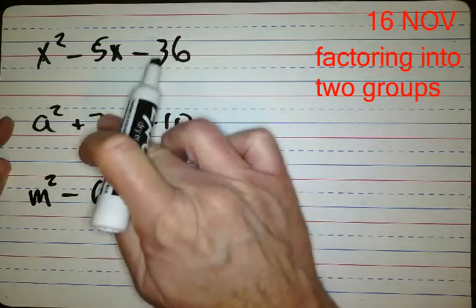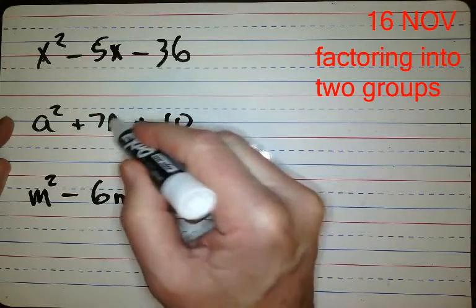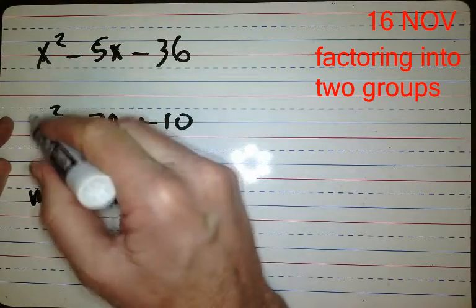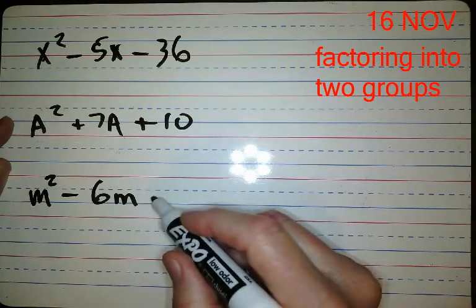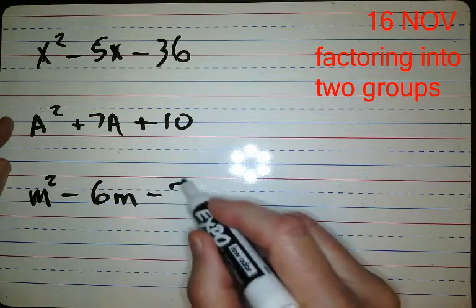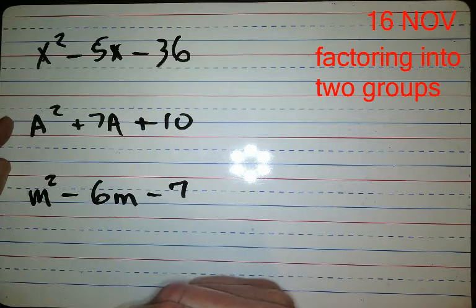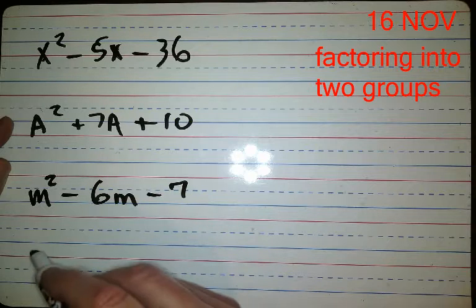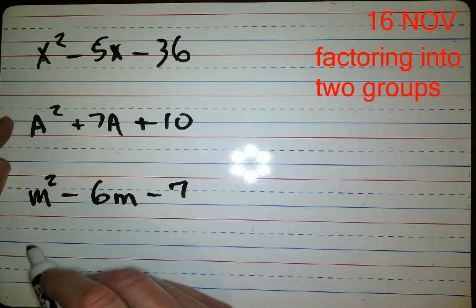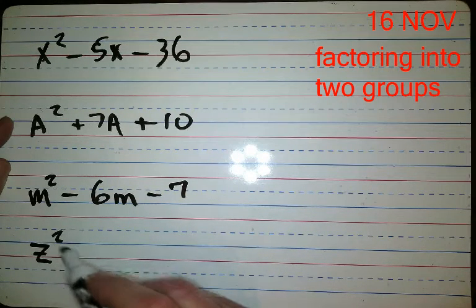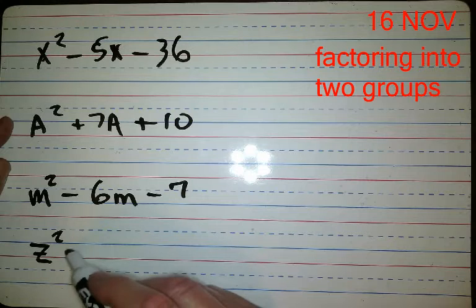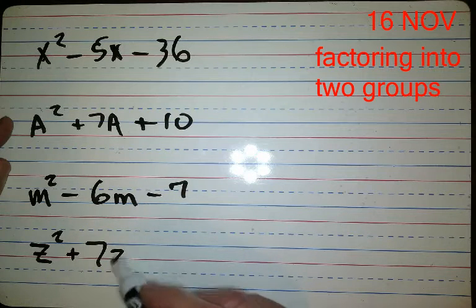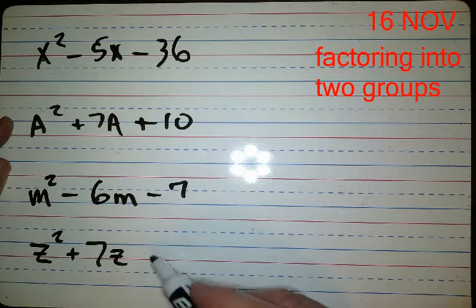I put x there. Let's make it right, huh? Why not? And then minus 7. And we could actually do one more, right? Z squared plus 7z plus 12.